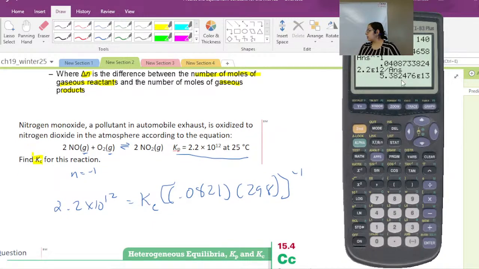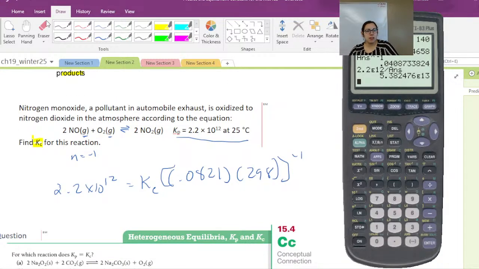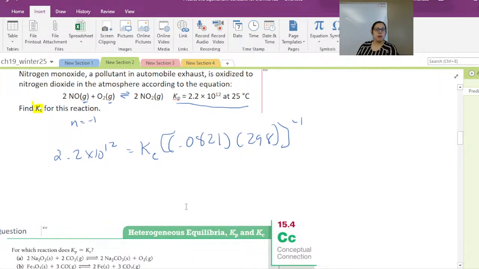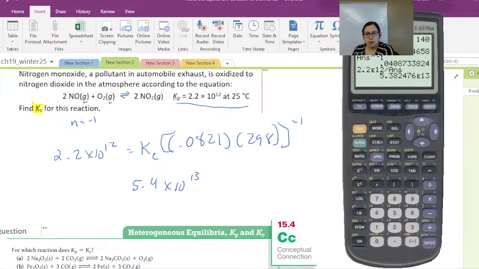Let me know if you get the same. I see chat has the same answer. So we can round this to about 5.4 times 10 to the 13 for our Kc there.